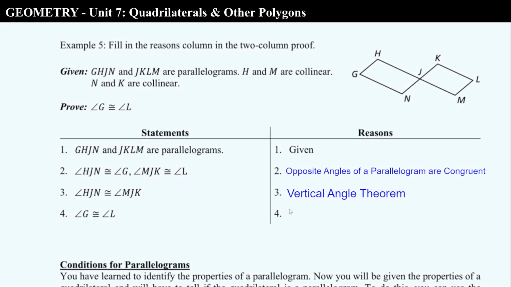And we know that because of the transitive property. Because if HJN is congruent to G, and MJK is congruent to L, then G and L are congruent. And that completes the proof.